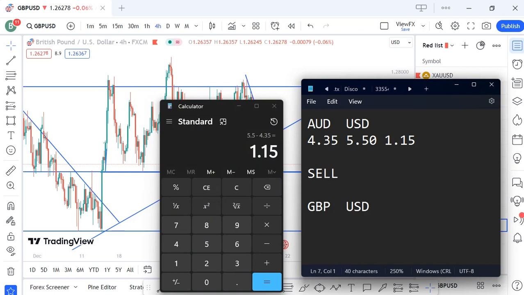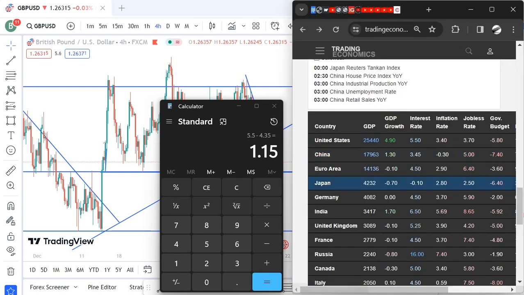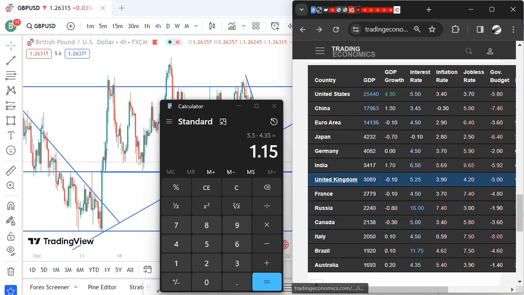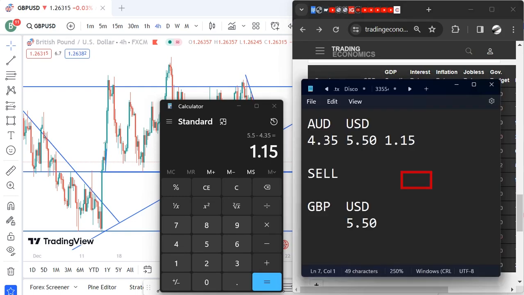We have already seen that the interest rate of USD is 5.50. So let's try and check the interest rate of Great Britain. So this is the United Kingdom, and as you can see here, the interest rate is 5.25.